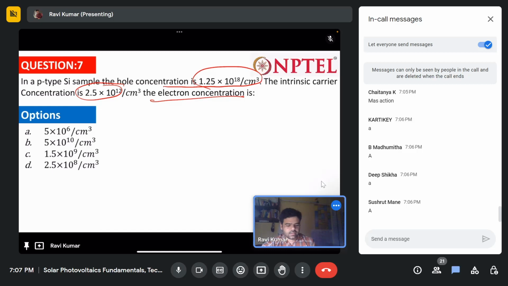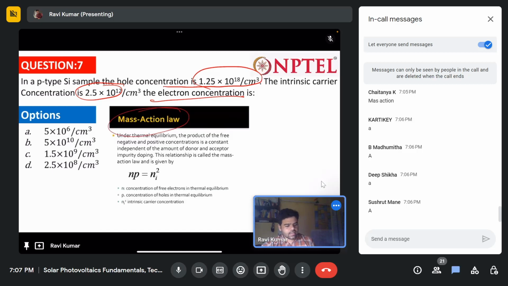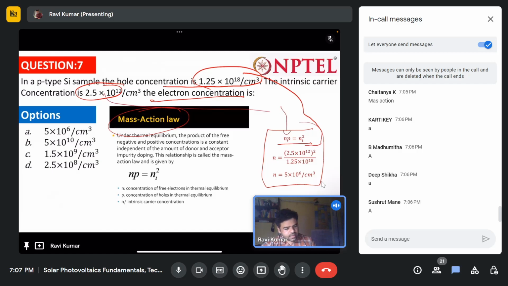It's the mass action law and the solution is here. Np equals Ni square. We just put the values here: 1.25 is P, then we have Ni, and we solve it. We will get 5 into 10 to the 6. A is the correct answer.